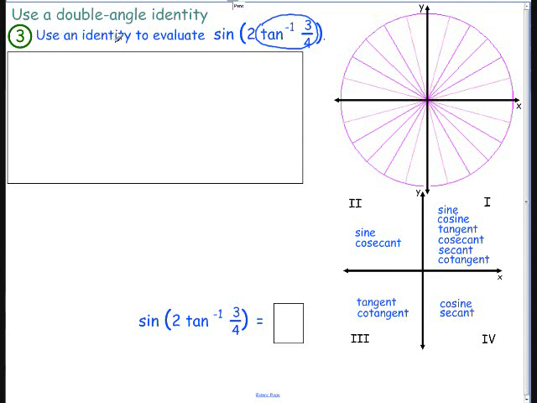Now for a little fun here using an identity to evaluate an expression like this. And one of the things you notice right off is we've got arctan, which means that we're talking about an angle here. And what is that angle?